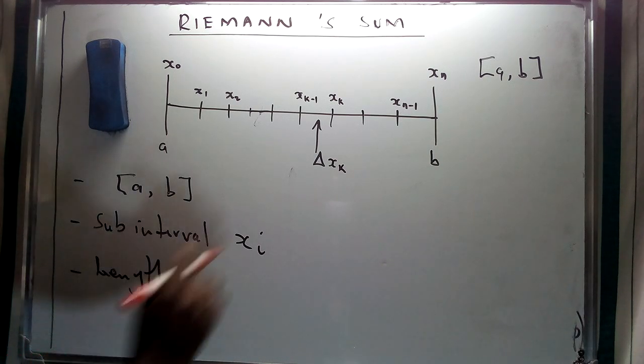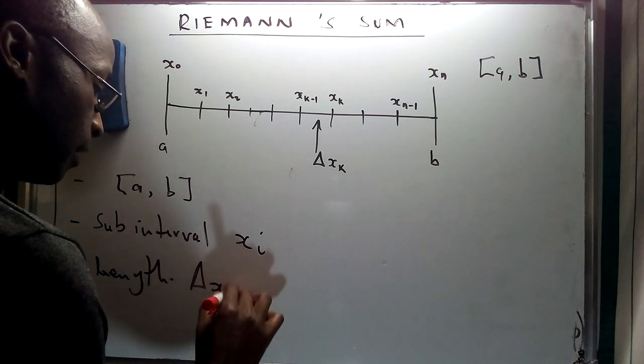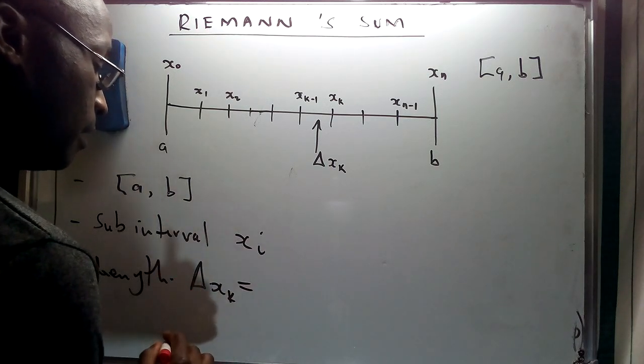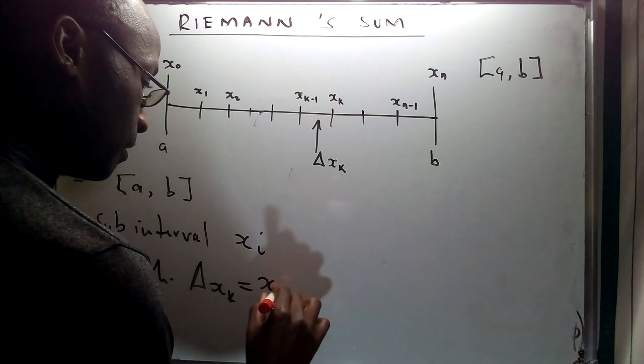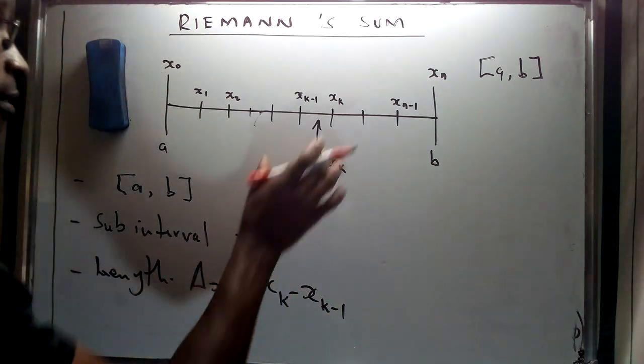For instance, for k, delta xk is given as xk minus xk minus 1.